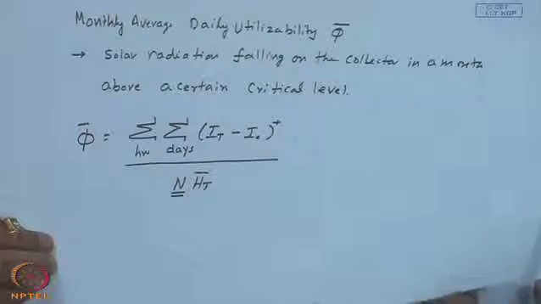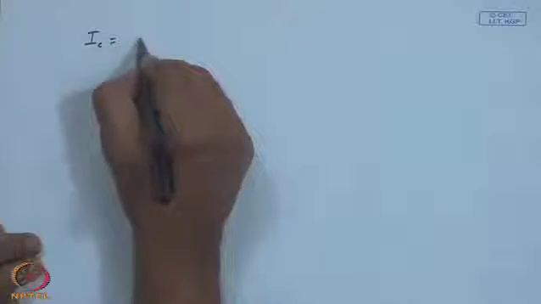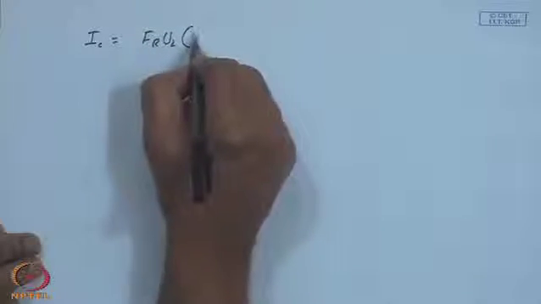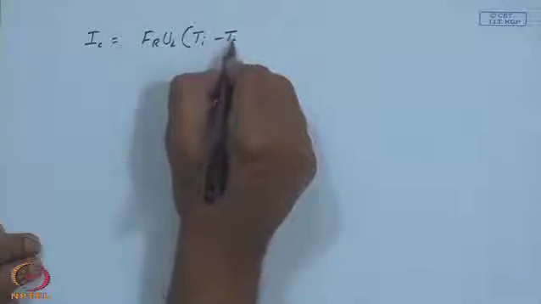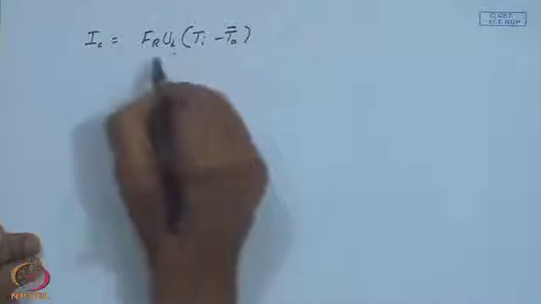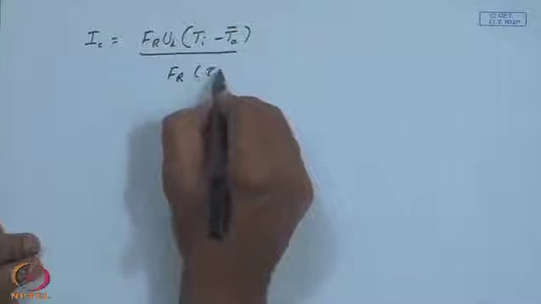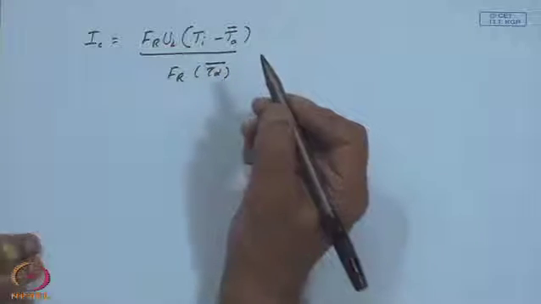And the critical radiation level corresponding to an inlet temperature of T I is defined as F R U L times T I minus T A bar as applicable for the month upon F R tau alpha bar.